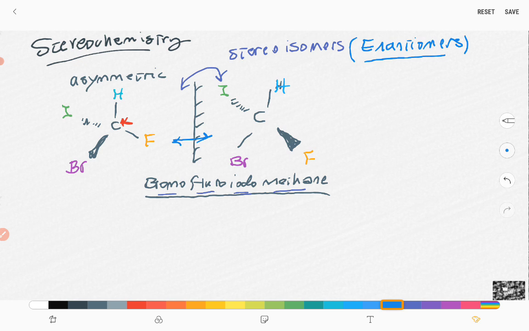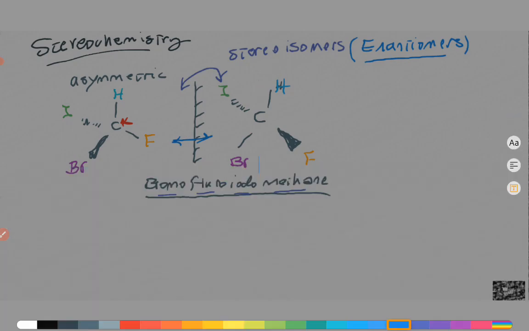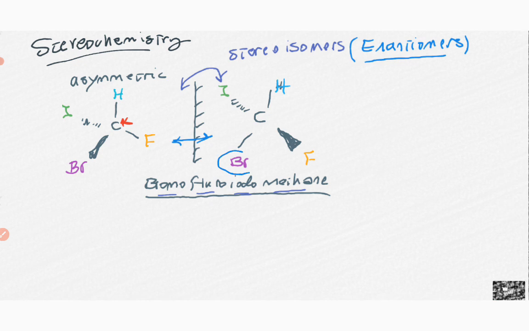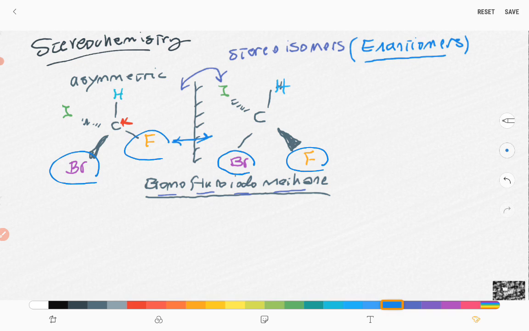What are the enantiomers? The enantiomers are two isomers with the same types of atoms, the same number of atoms, and they are different only in the position of the atoms. Here you can see the position of bromine and the bromine here, the position of fluorine and fluorine here.